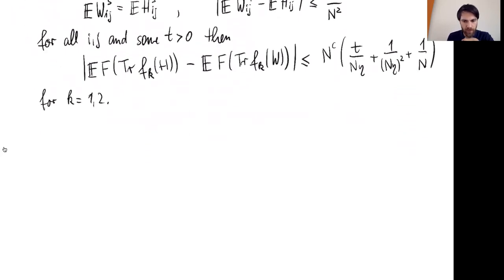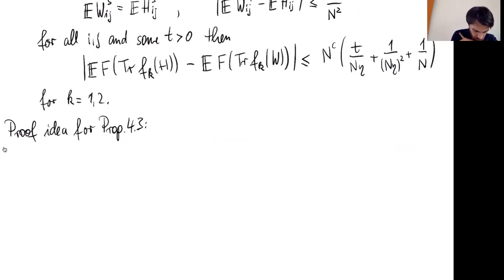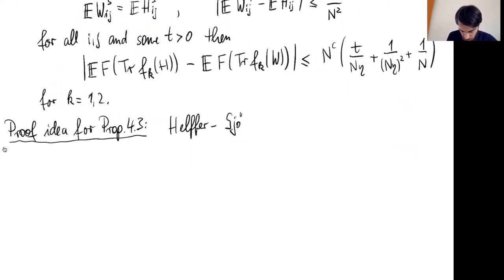But one can actually give at least a short idea, which is maybe convincing for at least some of you. So you'll probably remember this Helffer-Sjöstrand formula from the last term.